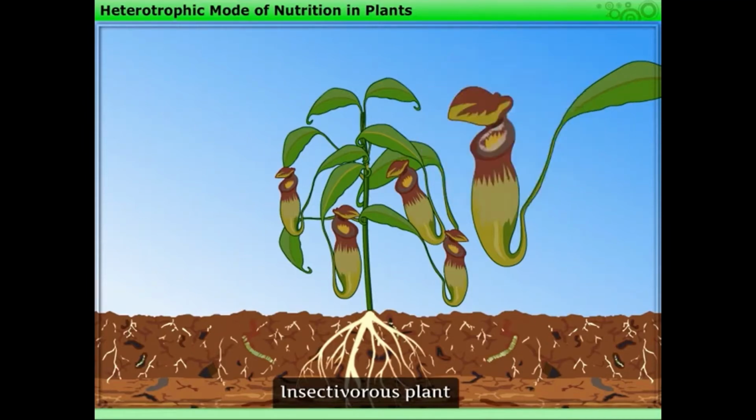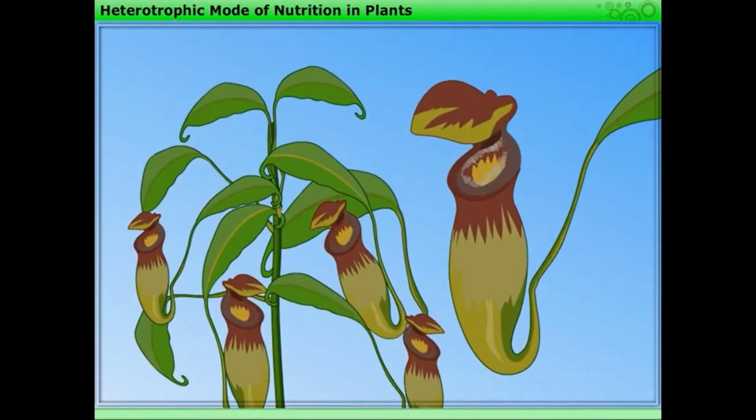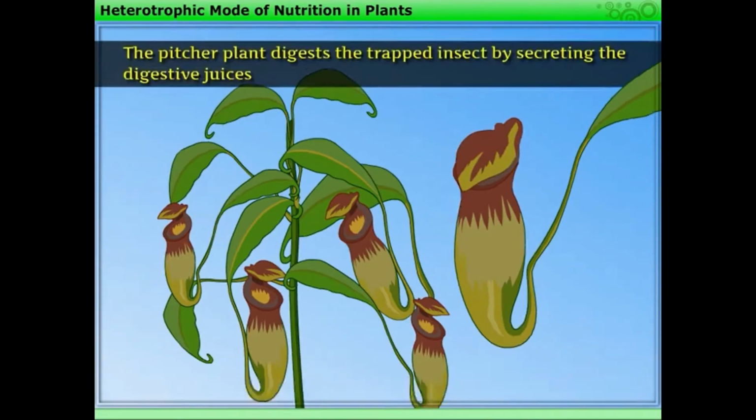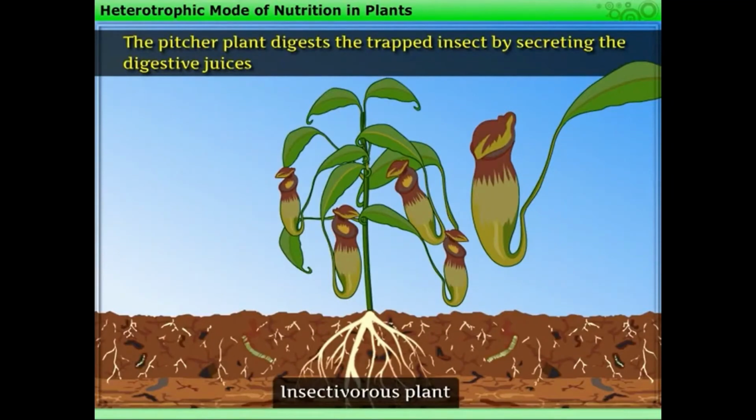Now let us see how this plant traps insects. When an insect lands in the pitcher, its lid closes. Thus, the insect gets trapped and entangled in the hair. The pitcher plant digests the trapped insect by secreting digestive juices.